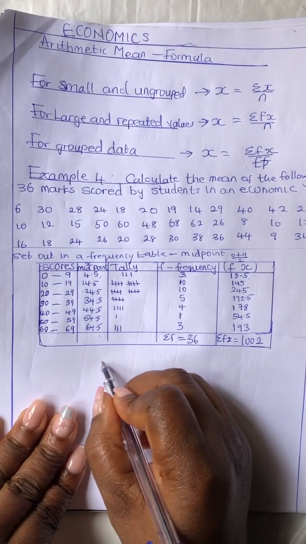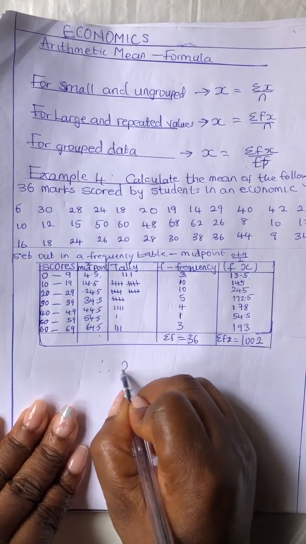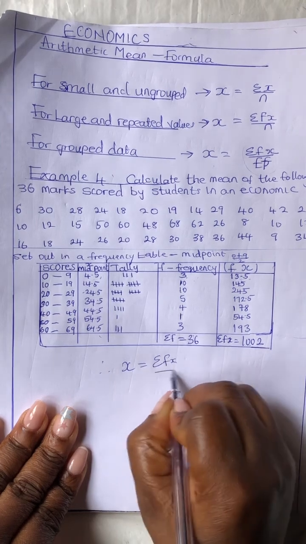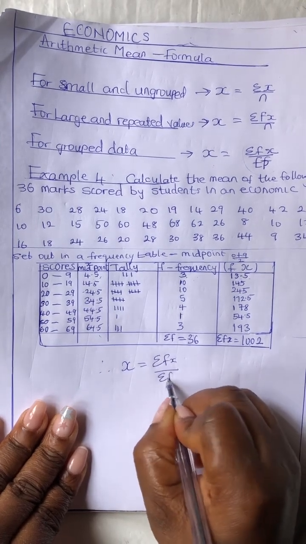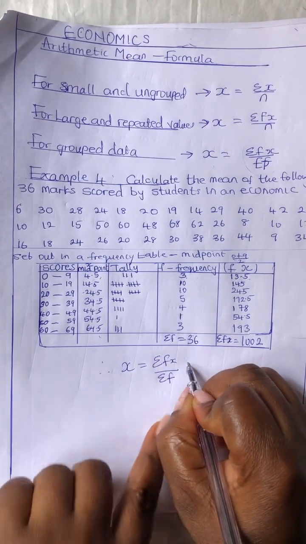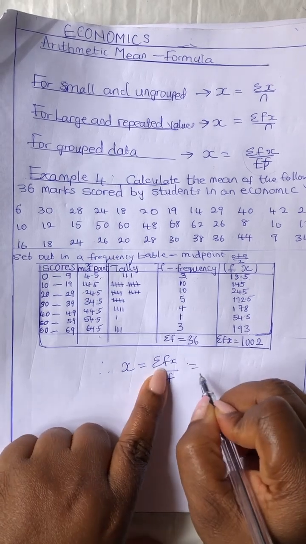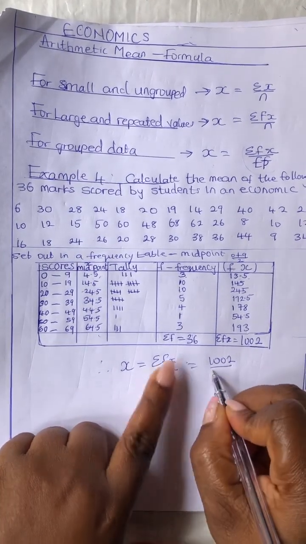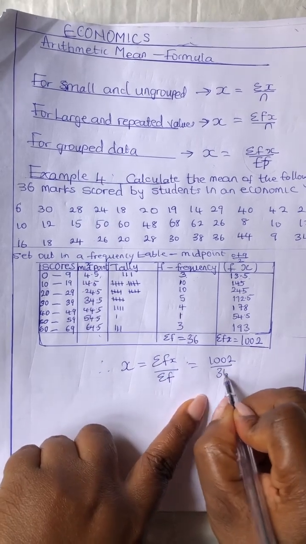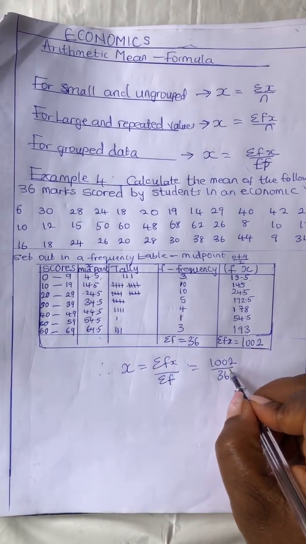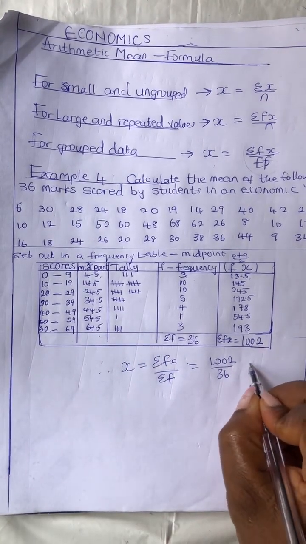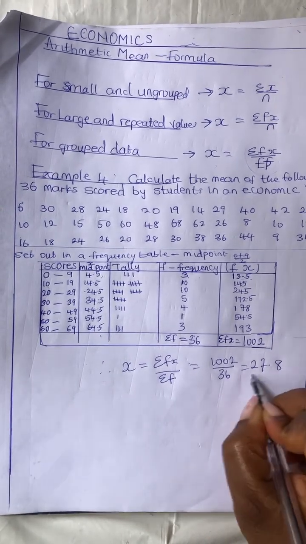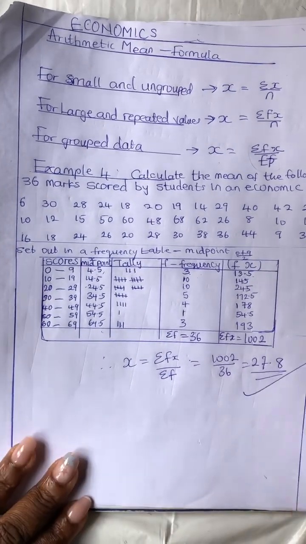So therefore x̄ = Σfx over Σf, of course for your grouped mean, which is equal to Σfx given as 1002 over Σf, 36. When you divide through, your last answer is 27.8. That's just about it.